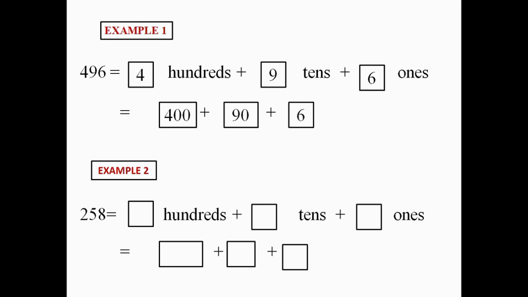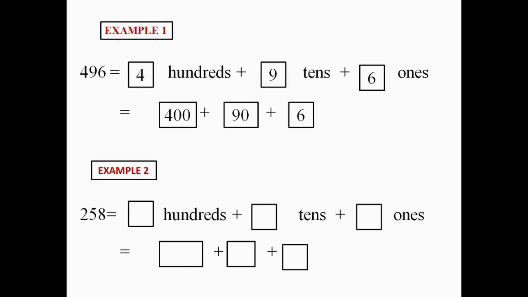So we can say that the expanded notation of the number 496 is 4 hundreds plus 9 tens plus 6 ones, which is also written as 400 plus 90 plus 6.